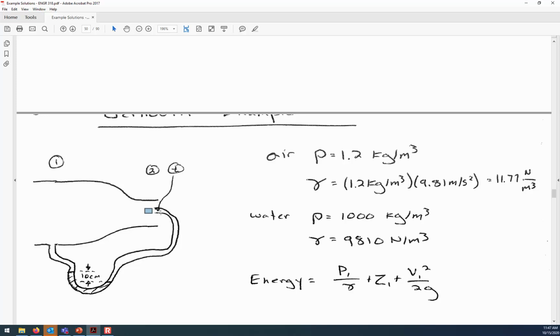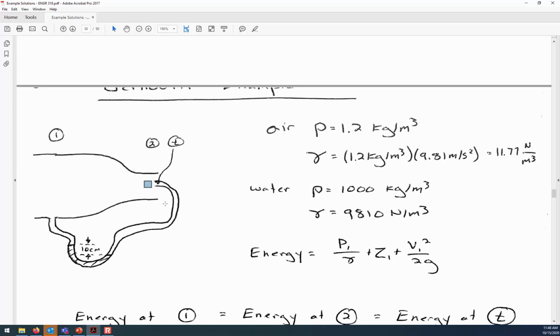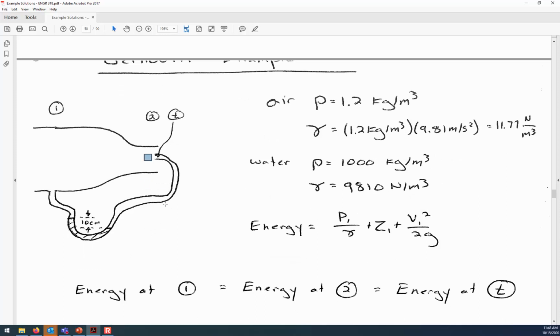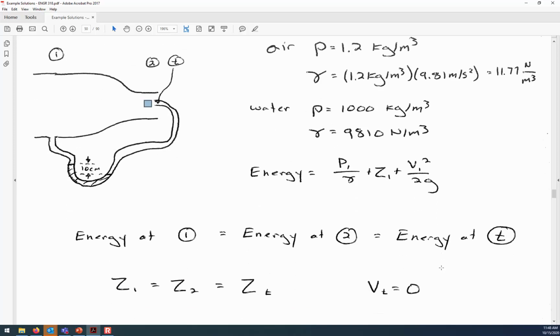But then inside of the stagnation tube, all of the velocity that was at 2 gets transferred into additional pressure at T. So at all 3 of these locations, the energy is equal. It's just changing forms.